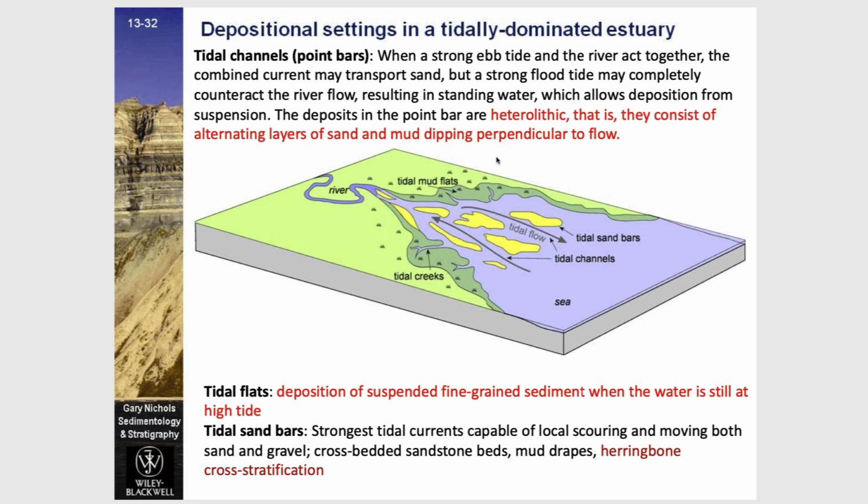Depositional settings in tidally dominated estuaries are more similar to what we saw for those deltas in the Ganges River. So we tend to have again a flooded valley.